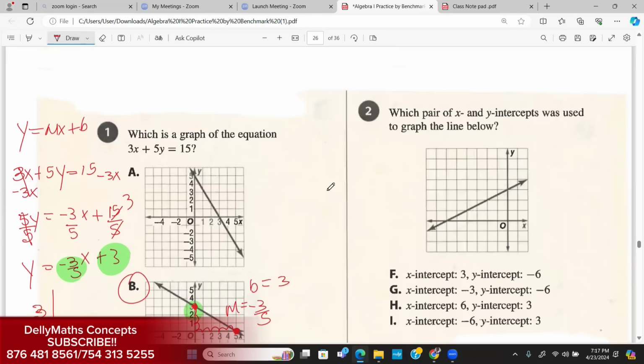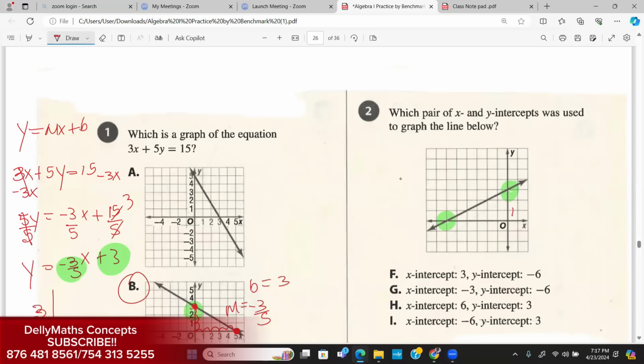Let's go to number 2. Which pair of x and y intercepts was used to graph the line? Right? So what we want to do is to identify those. My y-intercept is right here, and my x-intercept is right here. So I want to label my graph to see these numbers, right?